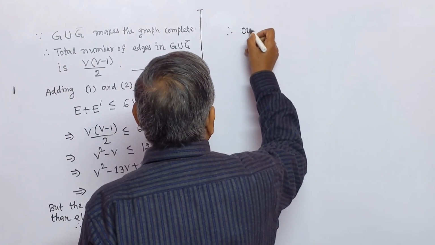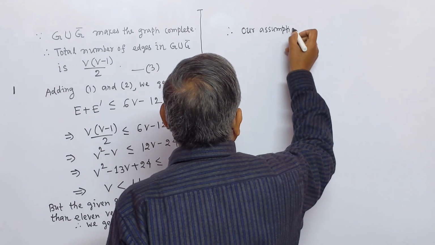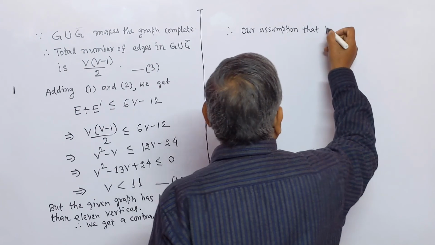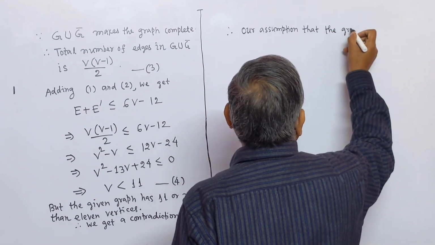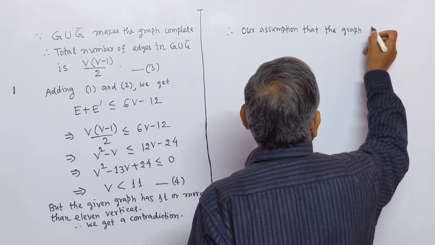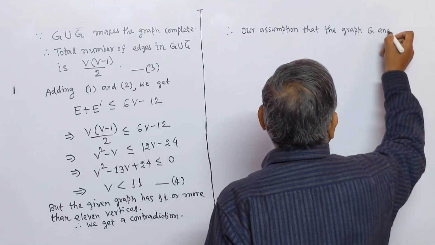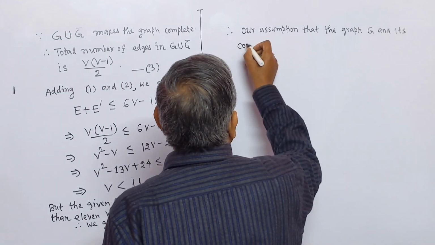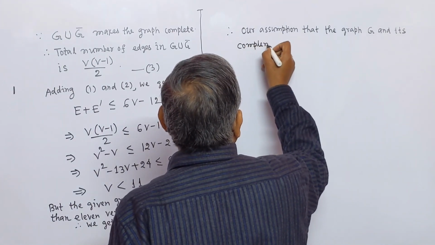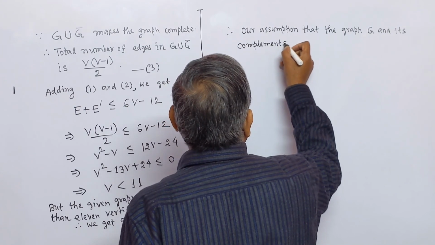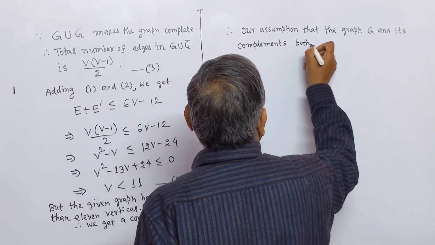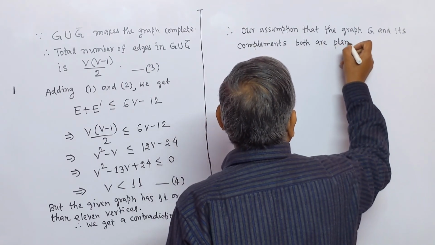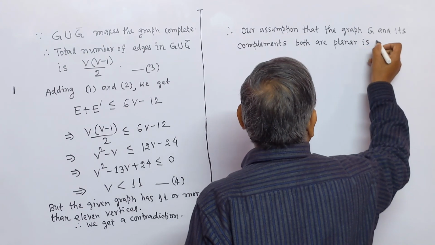Therefore, our assumption that the graph G and its complement are both planar is wrong.